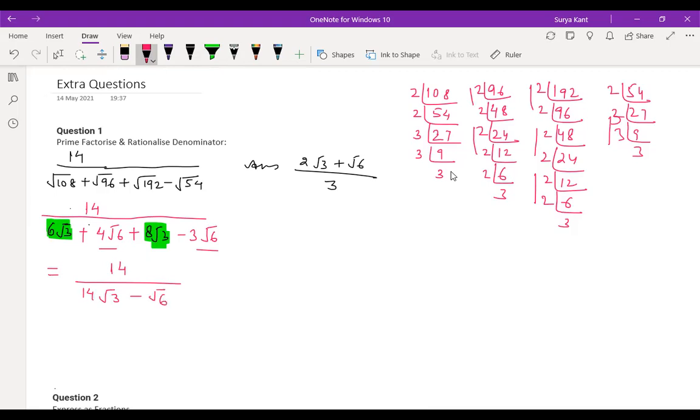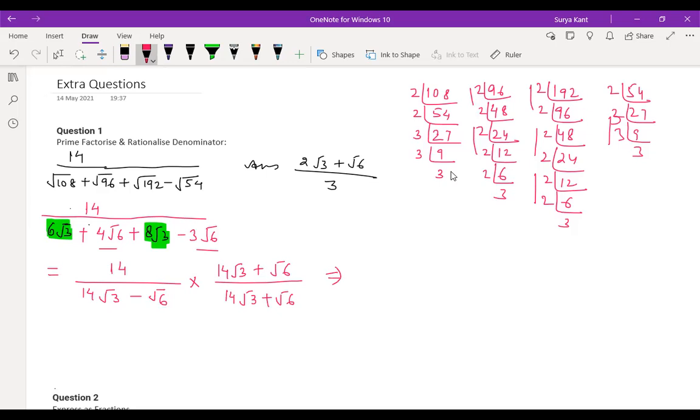Till here any doubt? Then we can multiply here by 14 root 3 plus root 6 divided by 14 root 3 plus root 6. And further what to do next?